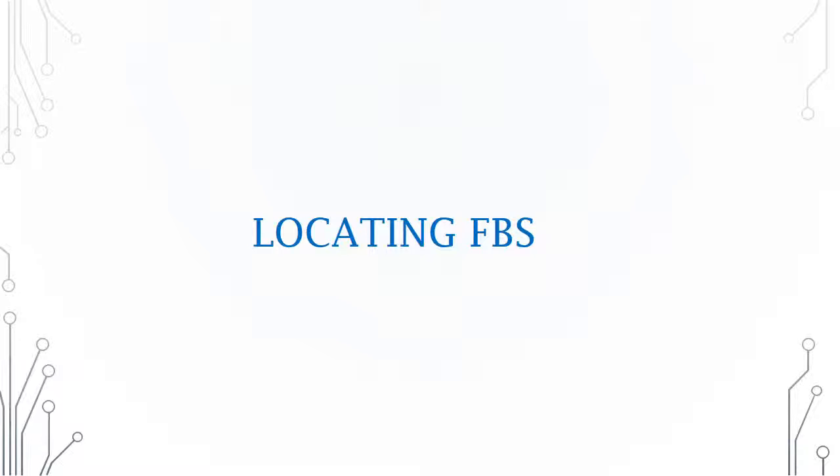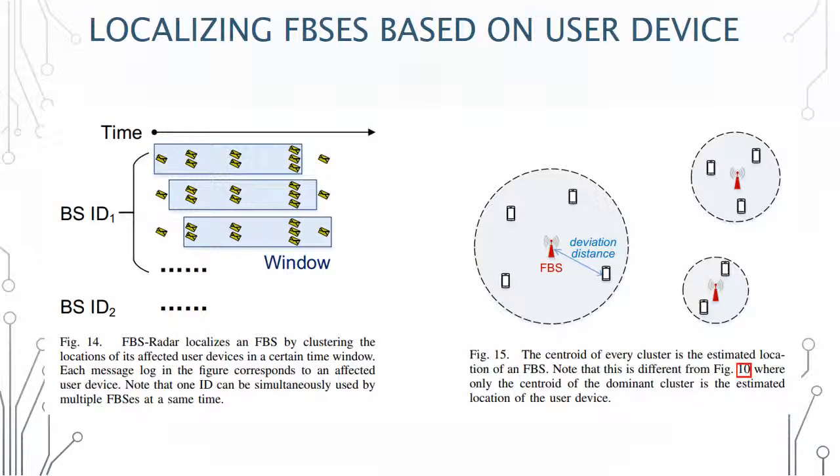In addition to detection, this paper also recommends how fake base stations can be located, and this helps law enforcement officers to take down these fake base stations. So this paper proposes a way of localizing these fake base stations to a particular location. The idea is when multiple users are reporting fraudulent messages, there are user reports generated from each of those users.